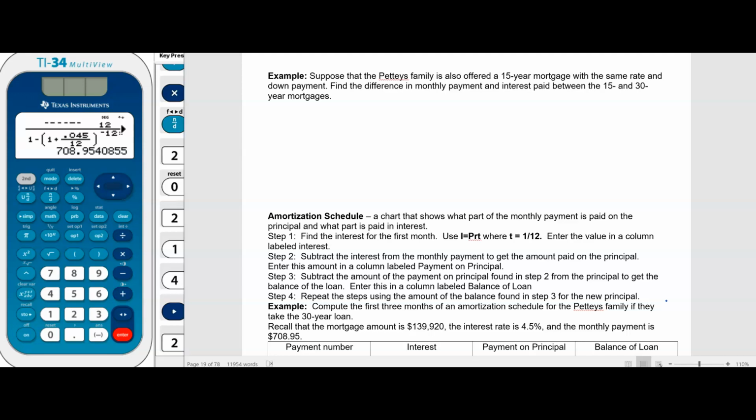So in this case, our principal is the exact same as it was before, $139,920, same interest rate. So we're not changing that. The only thing that we're going to change is that 15 years. Before that was 30, now it's 15.